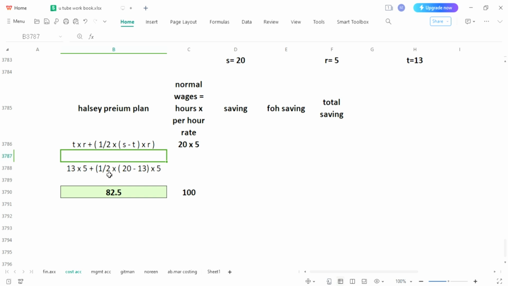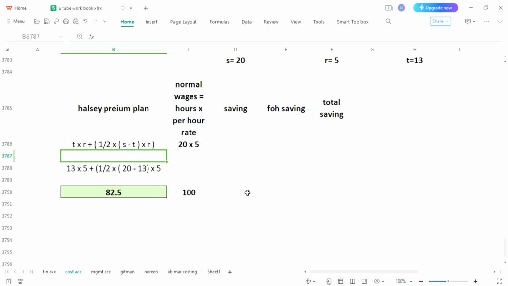They have completed their job, the benefit is for the manufacturing concern, and the amount has also been saved. 100 was supposed to be given according to standard time, and now they are giving only 82.5. Amount has been saved, time has been saved. Look how good it is to apply the Halsey premium formula instead of paying them direct wages.